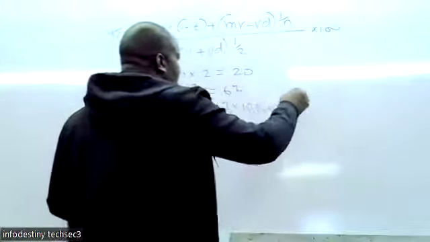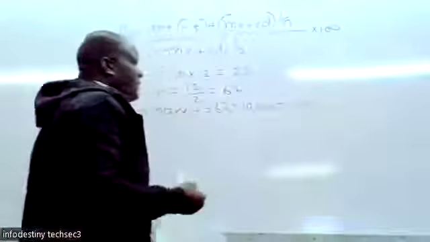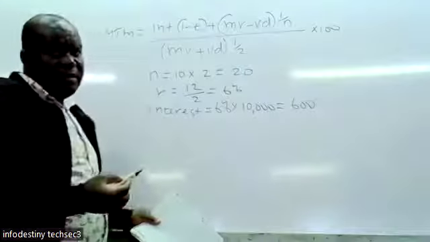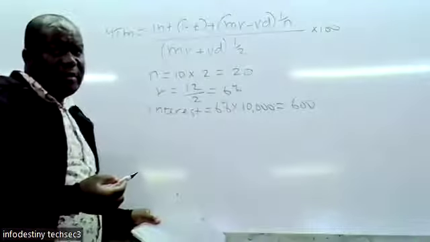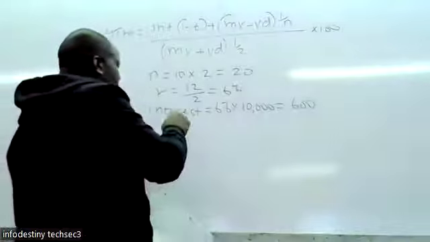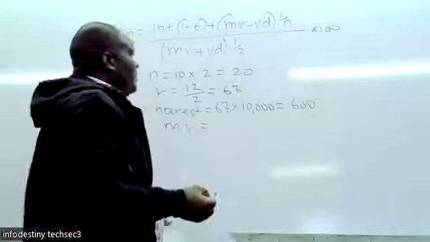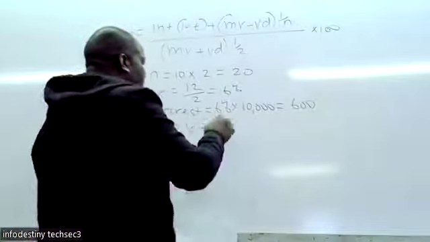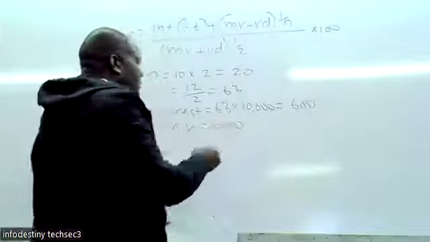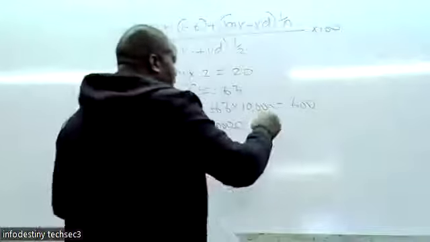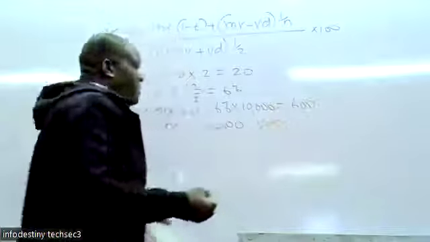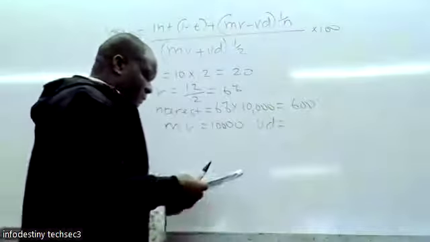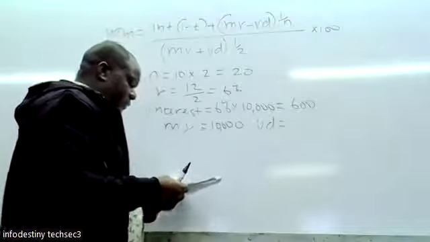This should give you 600. Maturity value, you simply take the par value, which is 10,000. Then current value for that debenture, they give you 8830.